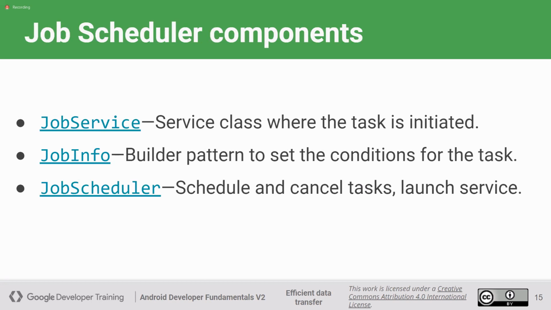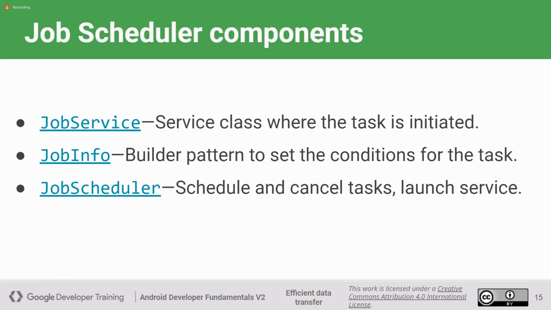There are basically three important components, guys, when it comes to job scheduler. One is job service, where the tasks are initiated. Second is job info, where there is a builder pattern to set the conditions for the task. So in the previous slide we discussed, right? You want to perform a task when there is an internet connection.